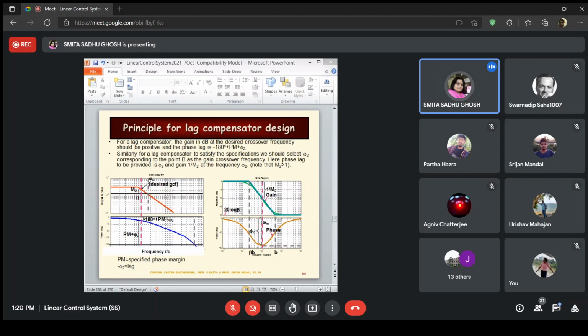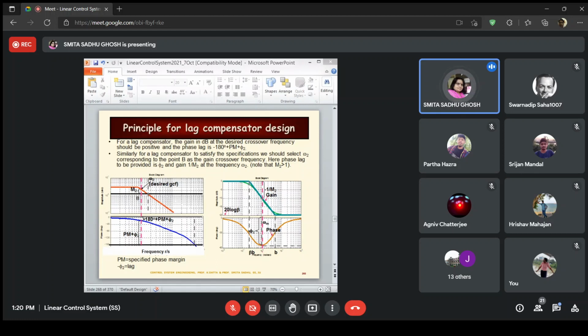Here the absolute values are shown, that's why m2 and 1 by m2 is written. So minus m2 contribution from the lag compensator at this particular frequency will make the overall gain equal to m2 minus m2, which is equal to 0 decibels. That would make this frequency omega 2 my modified or desired gain crossover frequency of the compensated system.